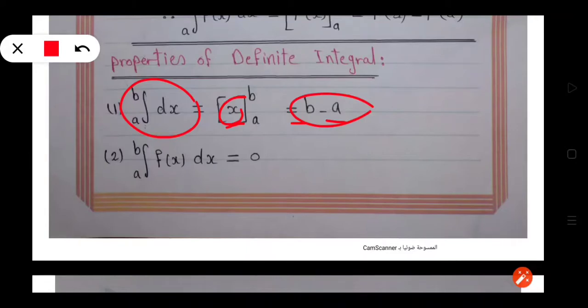Number 2. If we have the integration from a to a, that means that the function and integration have the same limits. If a equals b, that means that the integration gives 0. So we say that if the bounds of integration are equal, the integration equals 0.